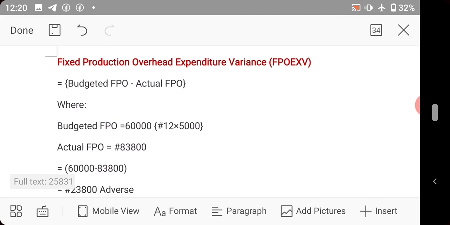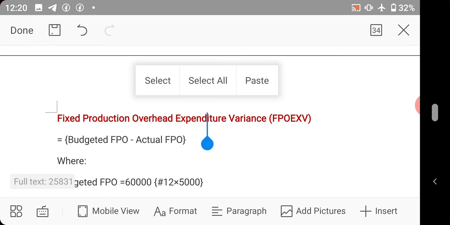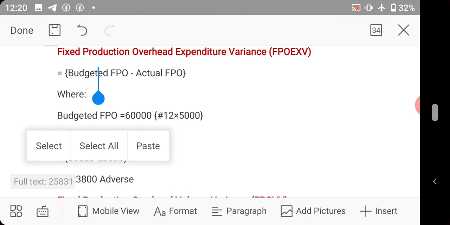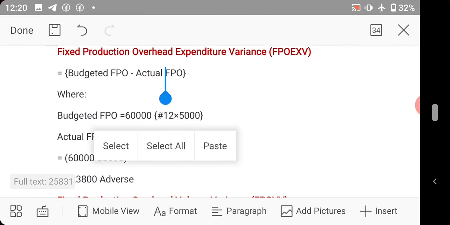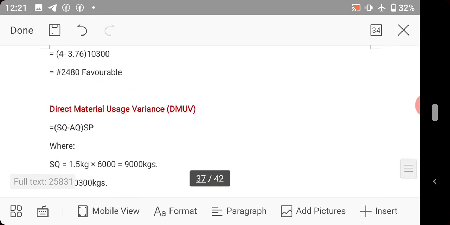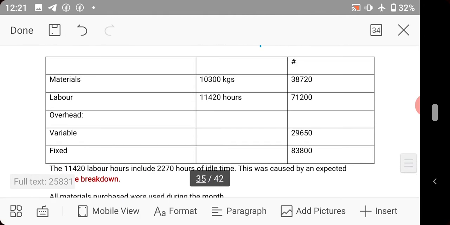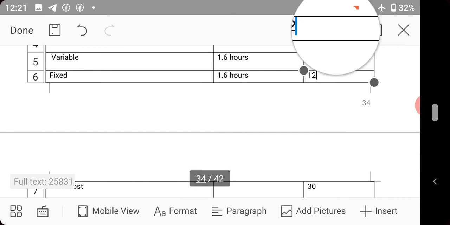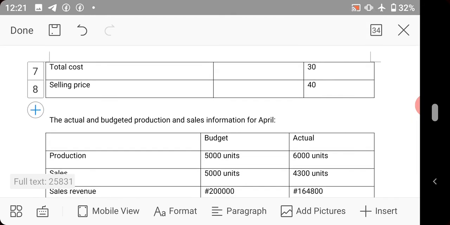Now, the first thing we are going to calculate is expenditure variance for fixed production overhead. The formula is budgeted fixed production overhead minus actual fixed production overhead. Now, how do you get your budgeted fixed production overhead? You use your standard cost per finished goods times budgeted finished goods. So we'll go back to the question, to the standard. Fixed cost is 12 naira per unit. And how many units did we budget?